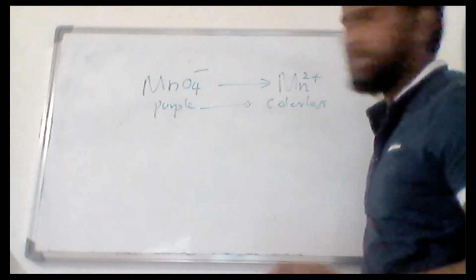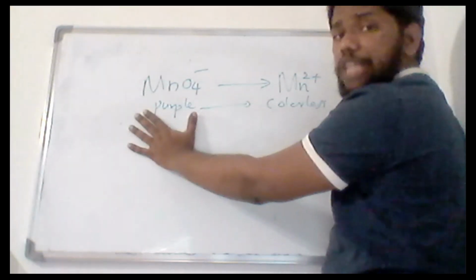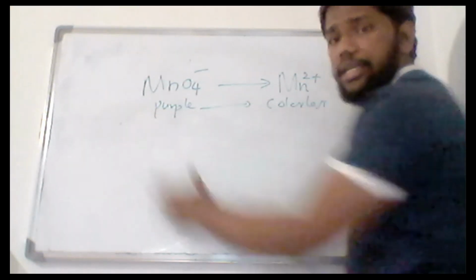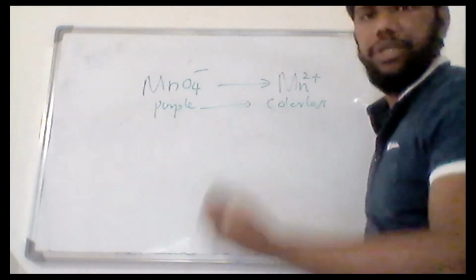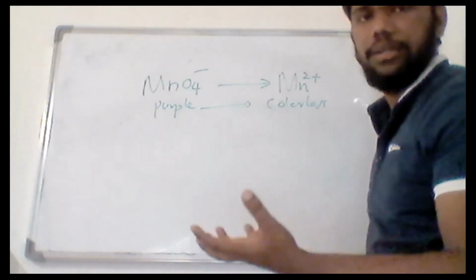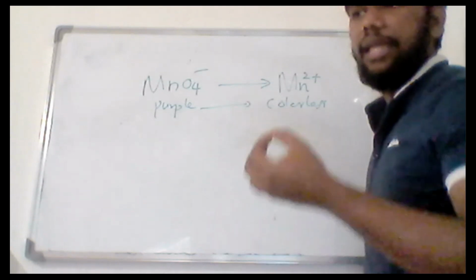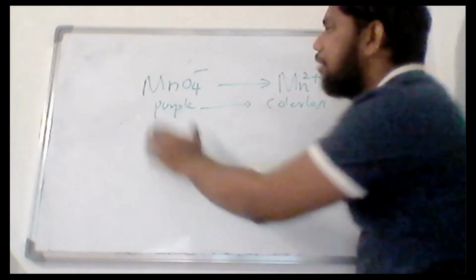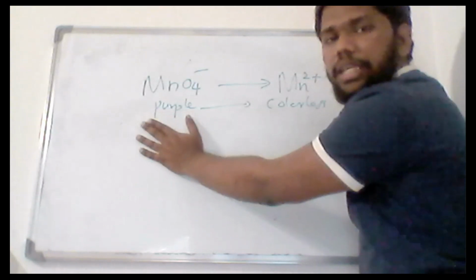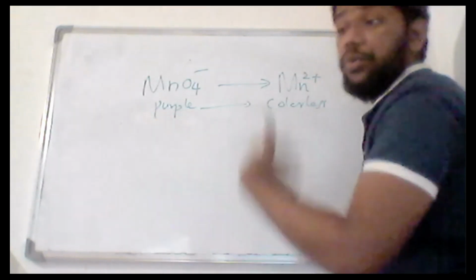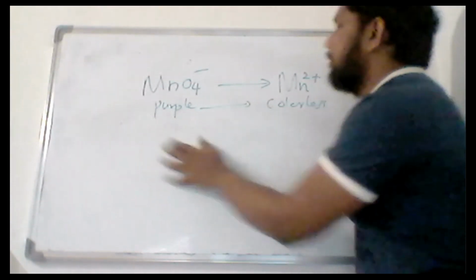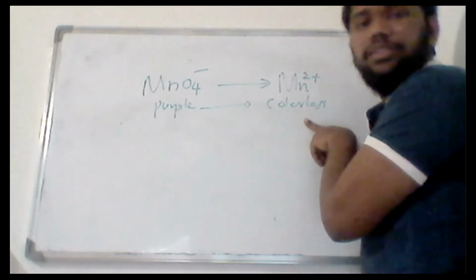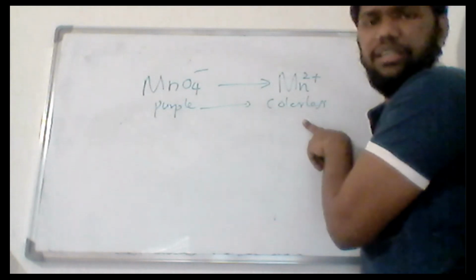So the idea is, if you use MnO4- in a titration, when MnO4- is being consumed in the titration flask, at the end point, where you have consumed all MnO4-, if the other compound is colorless, more or less, this becomes the end point.